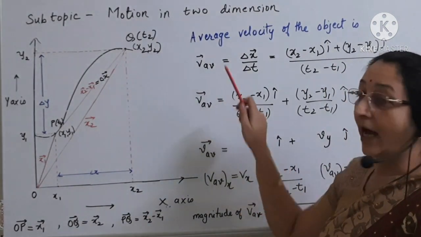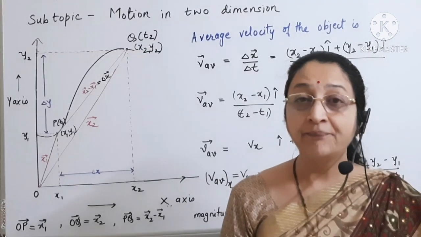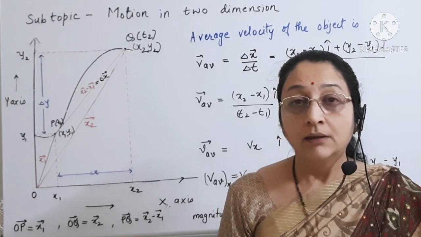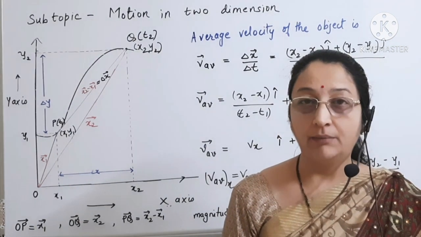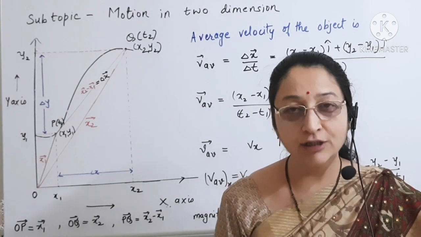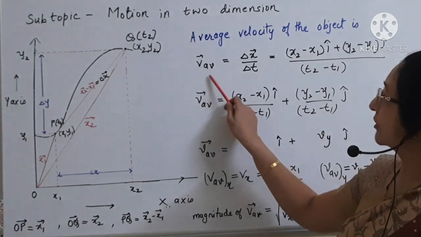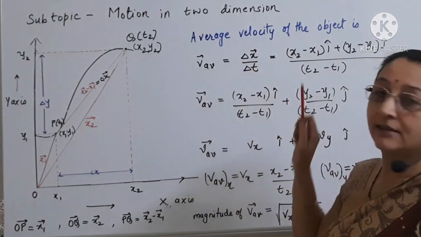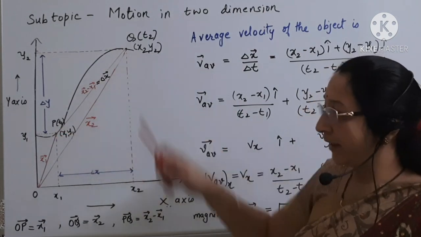According to the definition of the velocity, the velocity is the change in position per unit time, or it is the displacement upon time. So the average velocity is delta x, that is the displacement of the particle from the point P to point Q.